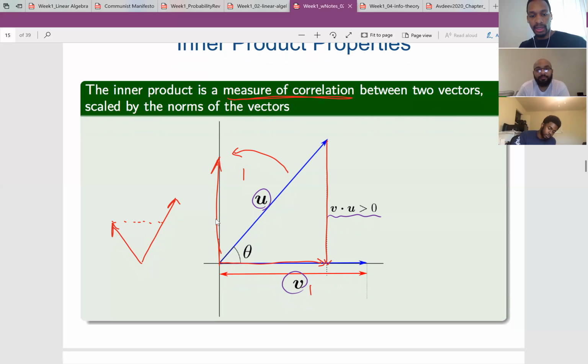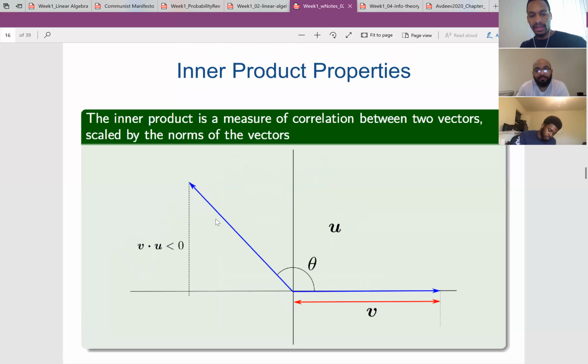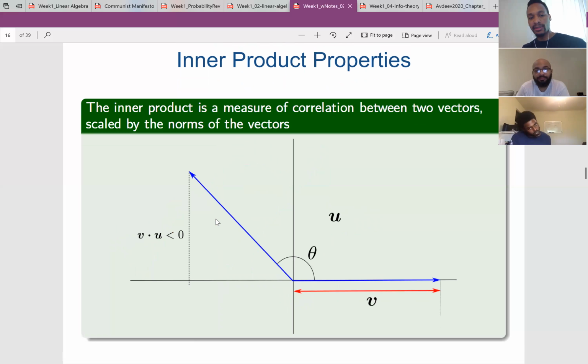When you move past that, the dot product is negative, because you can project onto the same axis that v is on, but never quite on v, so you have a negative projection in a sense.